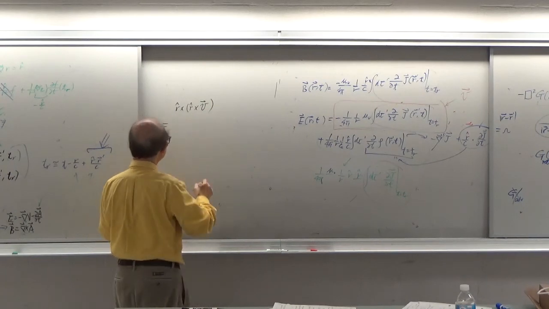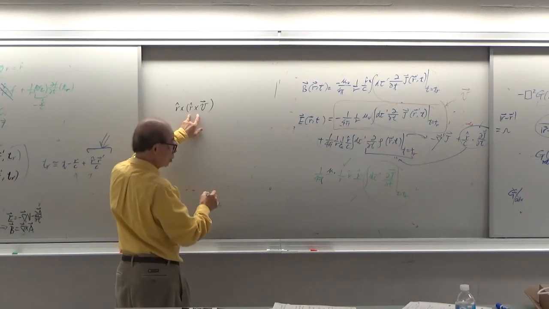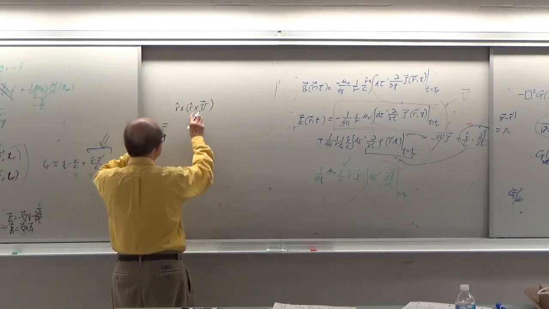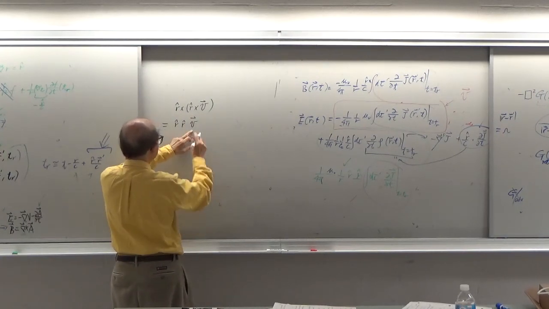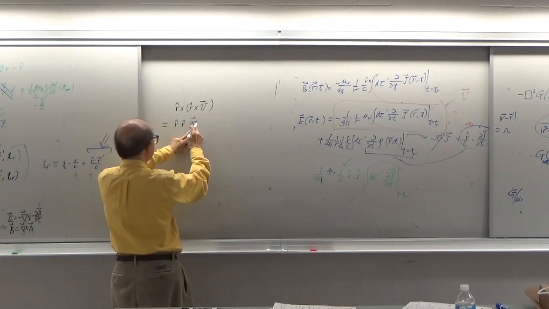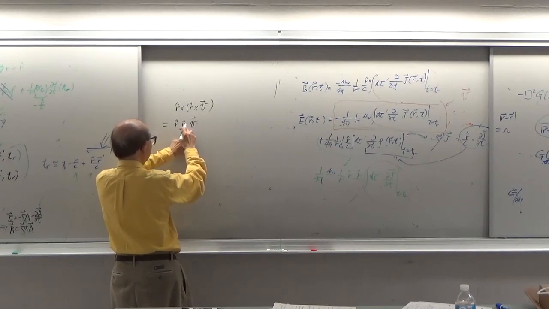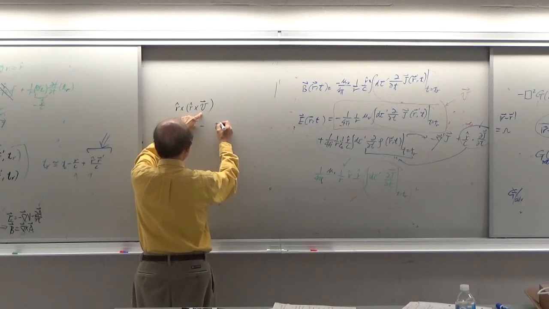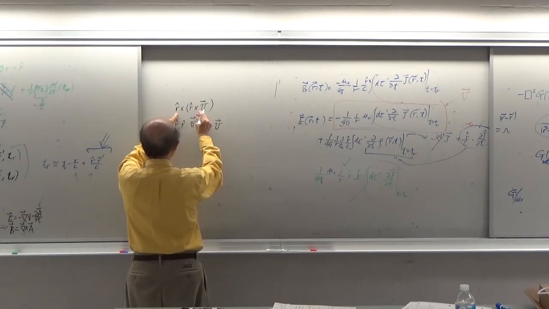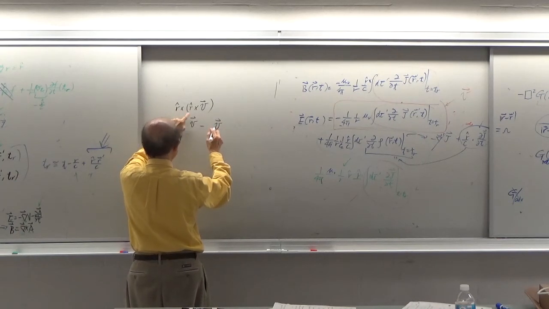And this is equal to the triple cross product. So there are two terms. One is in this direction, r hat times r hat dot v. This is in the direction of r. Then minus v. R hat dot r hat is 1.